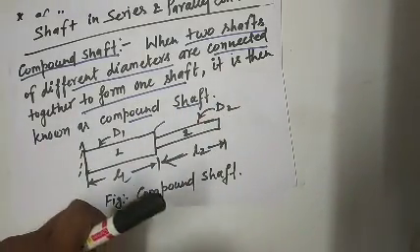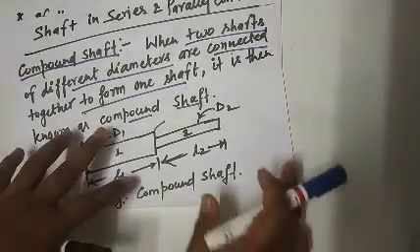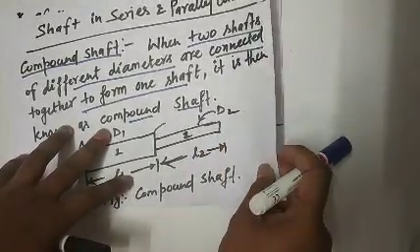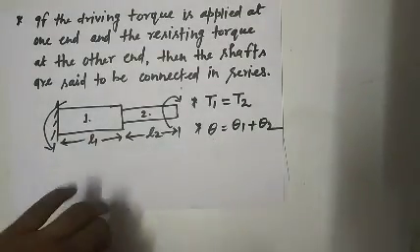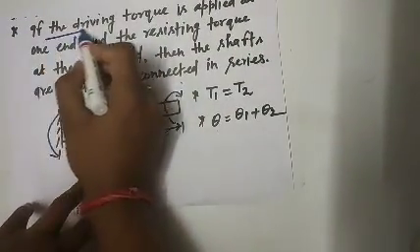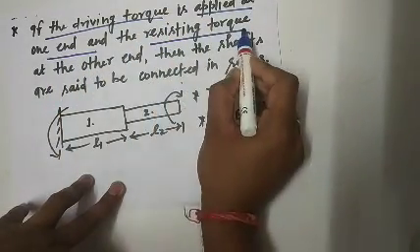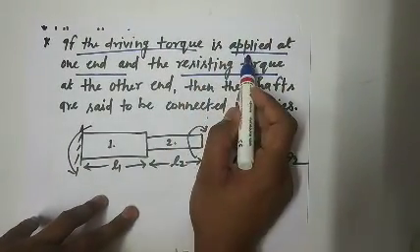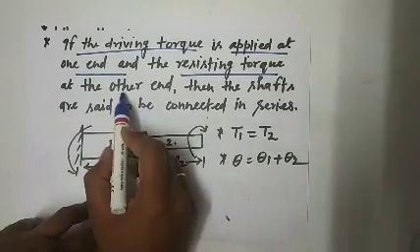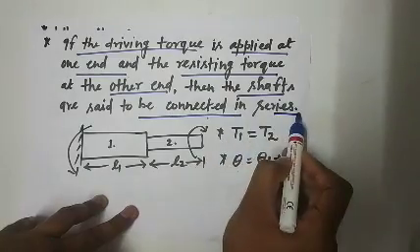their series and parallel connection is identified by the driving torque applied on the shaft. If the driving torque is applied at one end and the resisting torque at the other end, then the shafts are said to be connected in series.